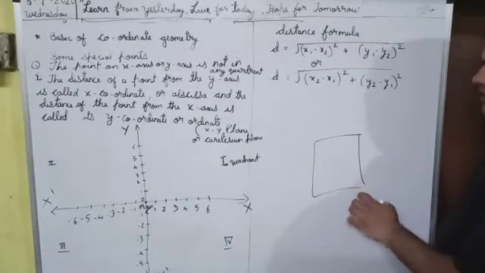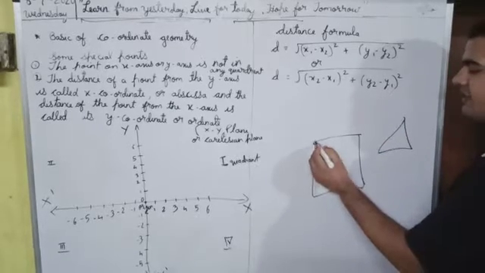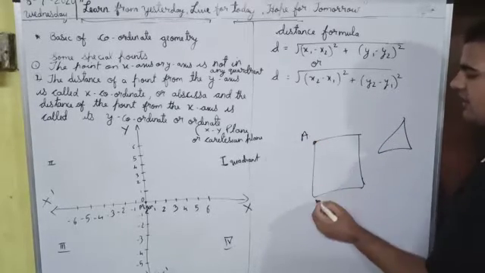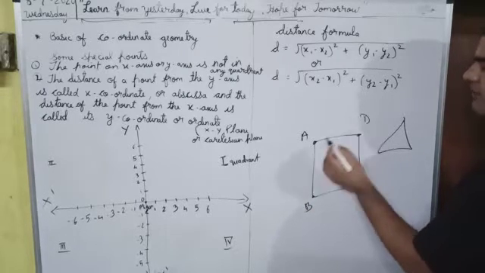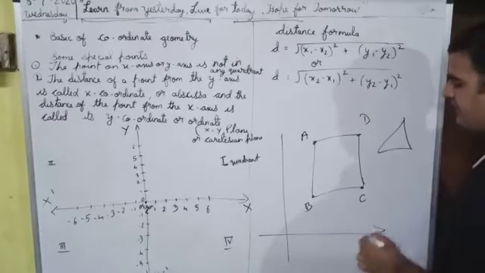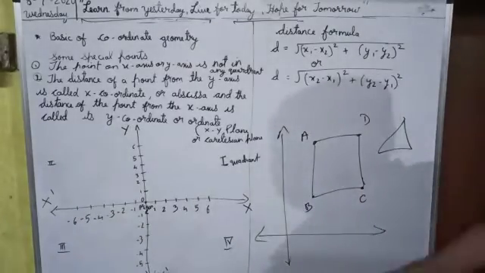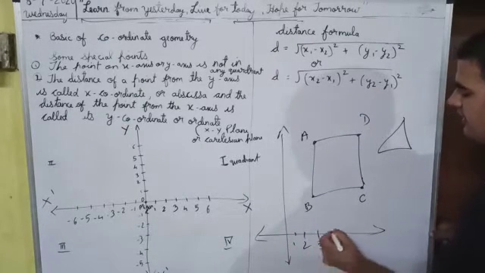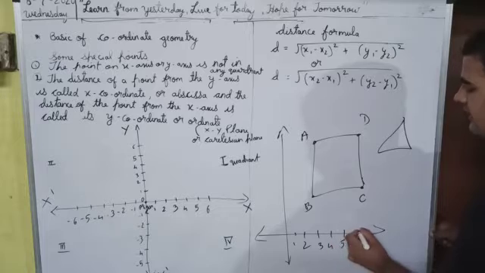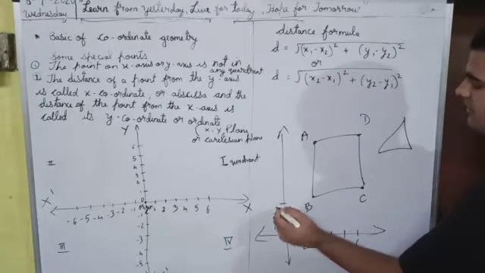If you take this square or triangle and I want to locate these points A, B, C, D, with the help of Cartesian coordinates we can locate them with respect to one another. You need to just number it 1, 2, 3, 4, 5, 6, and from here 1, 2, 3.